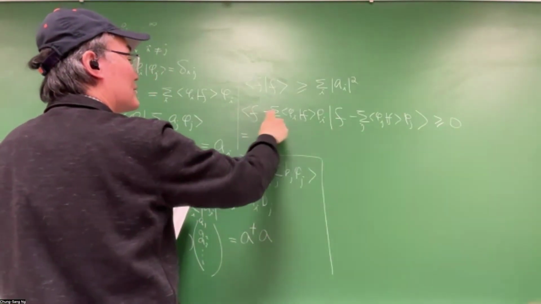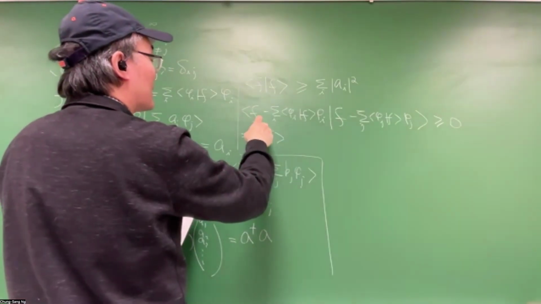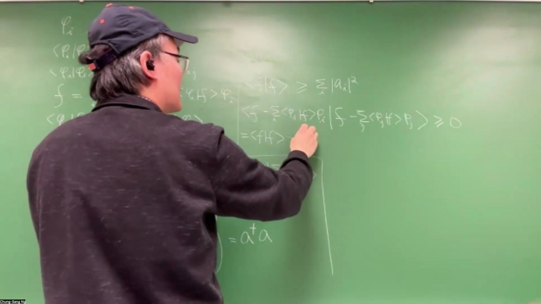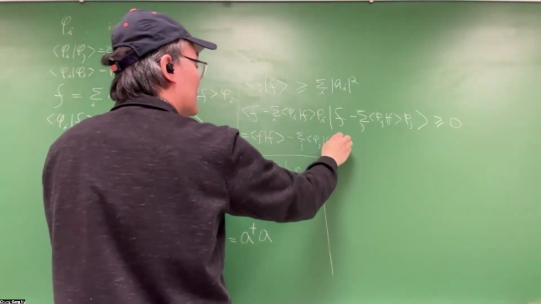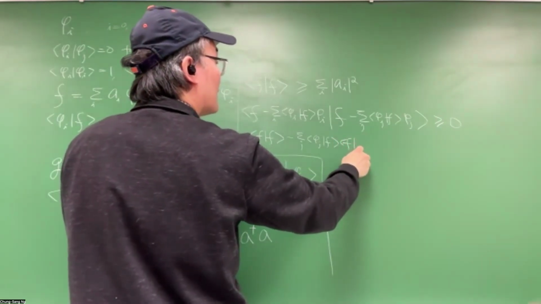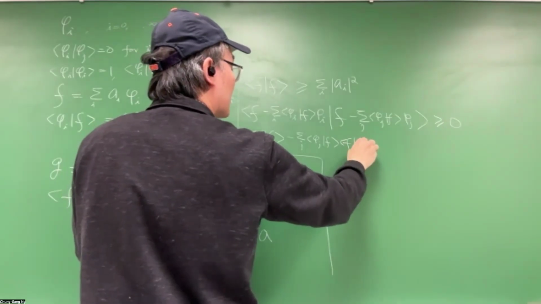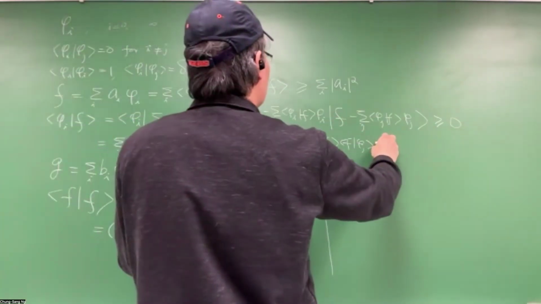That will go to this scalar product of f and f, and then this and that, so minus the sum over j, and then f with phi_j. Right, and then this and that.